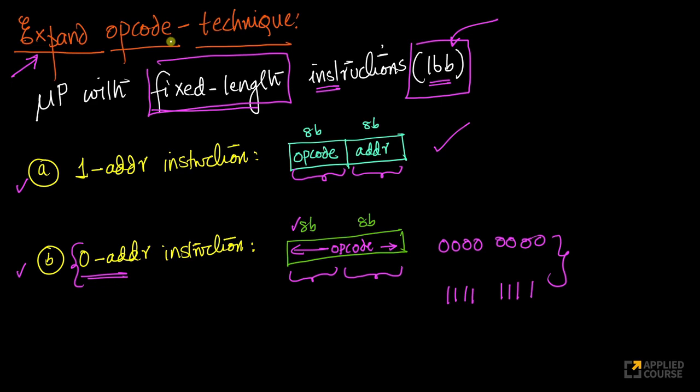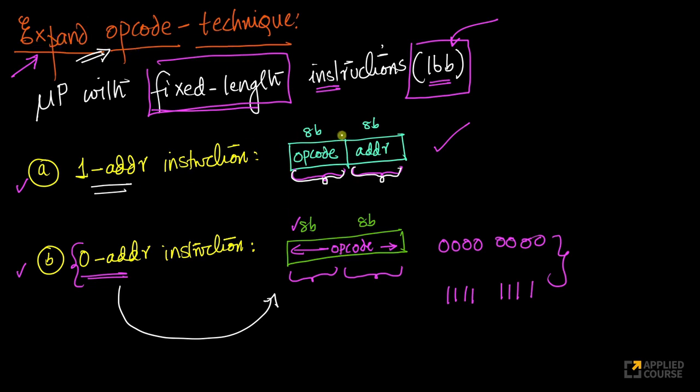So expanding the opcode basically means that for the one address instructions, I'm using only the first 8 bits for the opcode and the second 8 bits for the address. But for 0 address instructions, I could use the whole 16 bits for the opcode. That's what it means. The size of the opcode itself changes when you're using the expanding opcode technique.